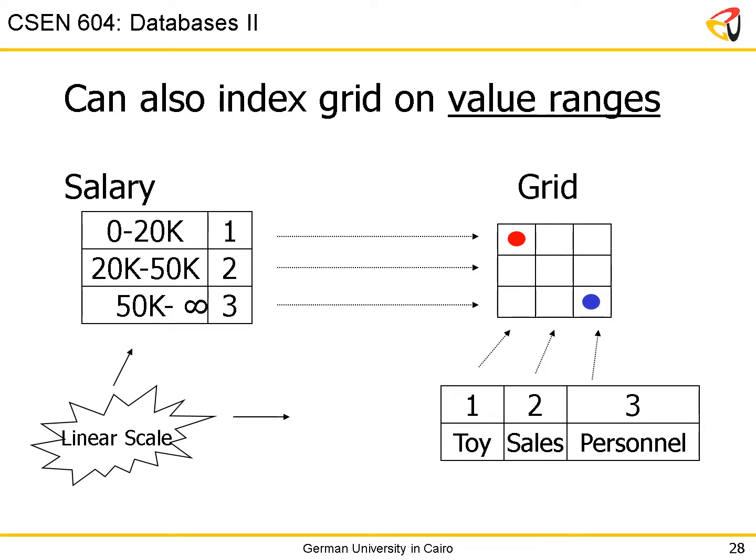And if you look at the blue dot at the bottom right, that's going to be for the intersection of the last row and the last column, for employees in the personnel department whose salary is greater than 50K. So you allocate the values on every dimension. And obviously they have to be mutually exclusive for this to work, and they have to make some kind of a scale.